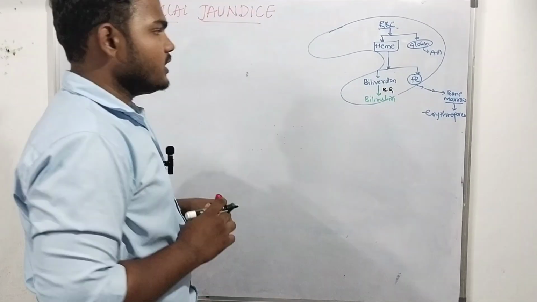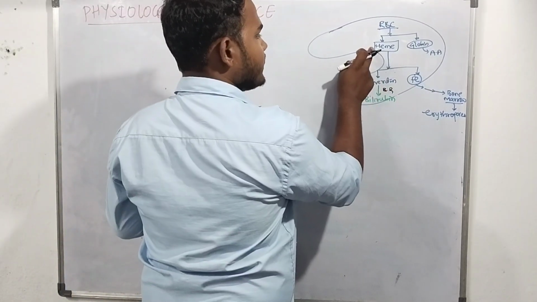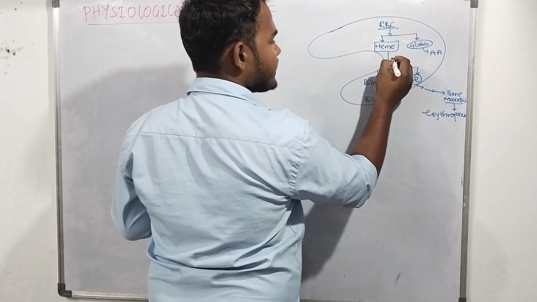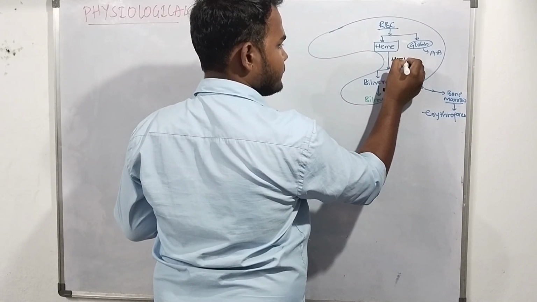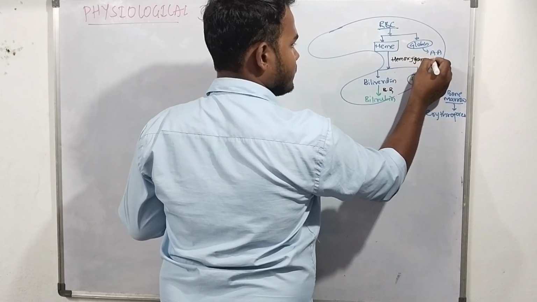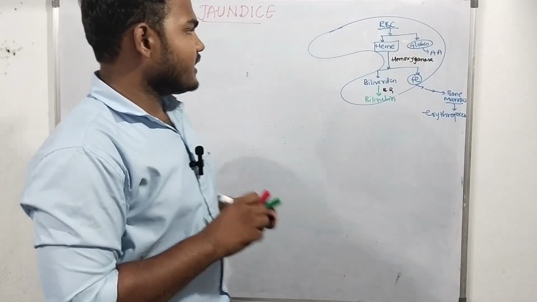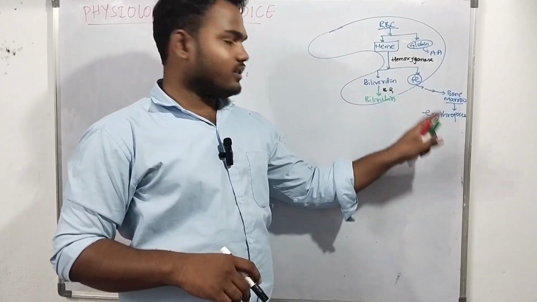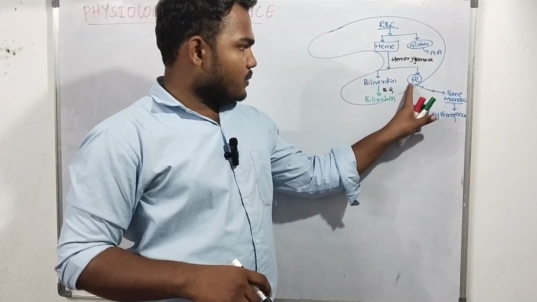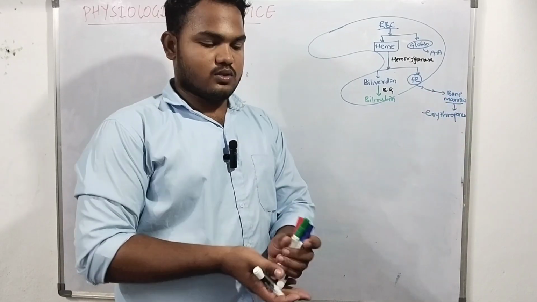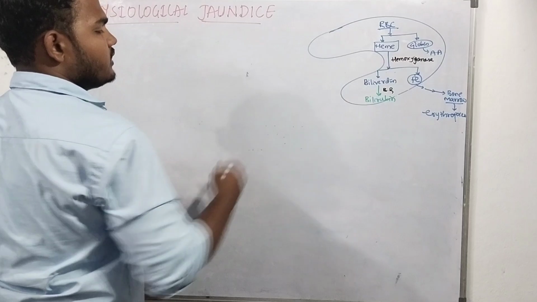Heme is converted to biliverdin and iron by the enzyme called heme oxygenase. Iron is combined with the plasma protein apoprotein, and goes to the bone marrow and helps in erythropoiesis. Next, this bilirubin.